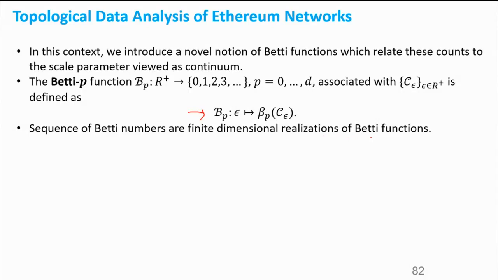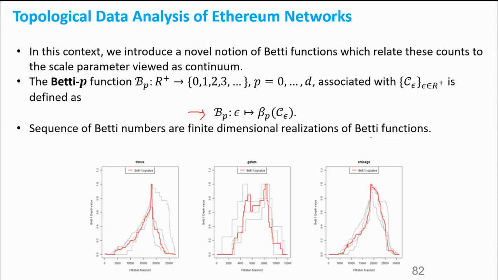That means we are going to look at the Betti counts at every scale and plot them. And let me show you 3 Betti functions. Here I am showing you the Betti1 functions, and each line is the same network on a different day.